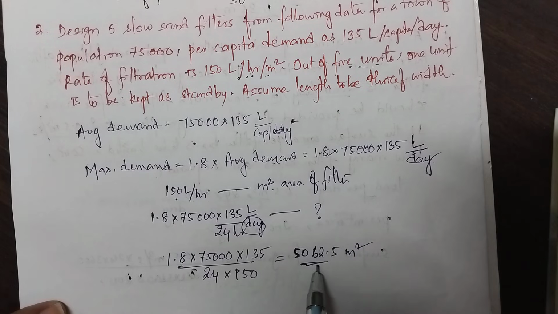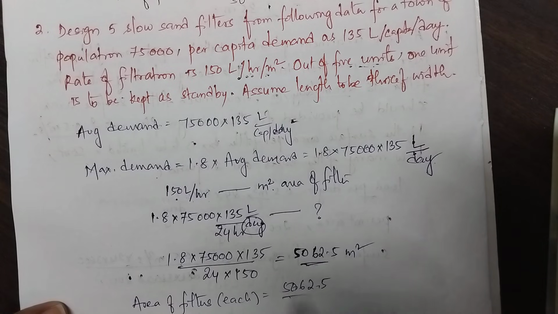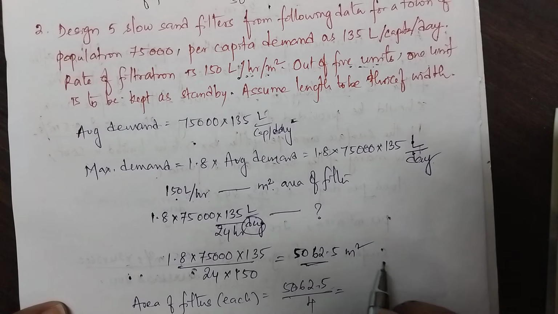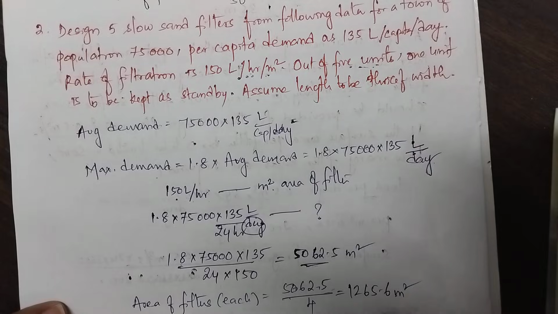So this is to be provided by 4 units. So area of filters should be, each filter should be 5062.5 divided by 4. So this comes around 1265.6 meters square.